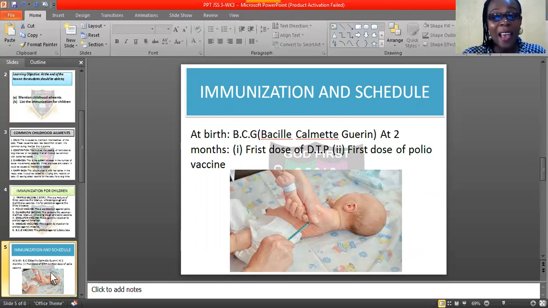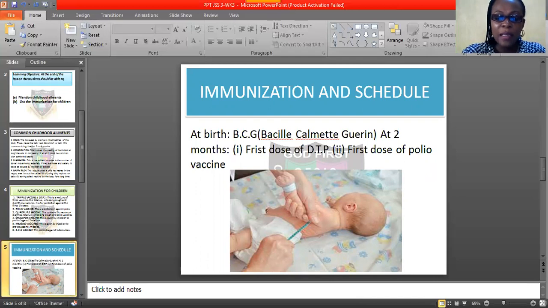It is a French word. This vaccine originated from France, and the vaccine fights against tuberculosis in children. That is why immediately this child is born, they will give the child that vaccine.